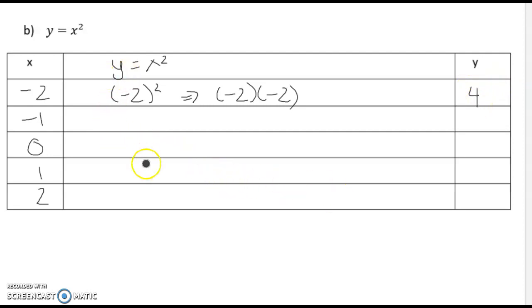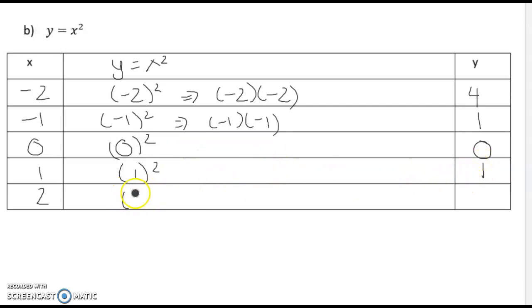The next one, -1 squared, which means -1 times -1 gives us +1. Next one, 0 squared gives us 0. 1 squared, 1 times 1 gives us 1. And last one, 2 squared, 2 times 2 gives us 4.